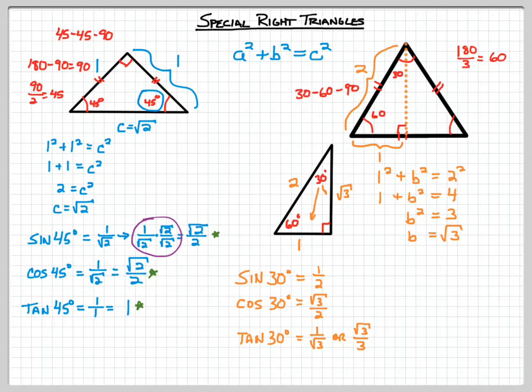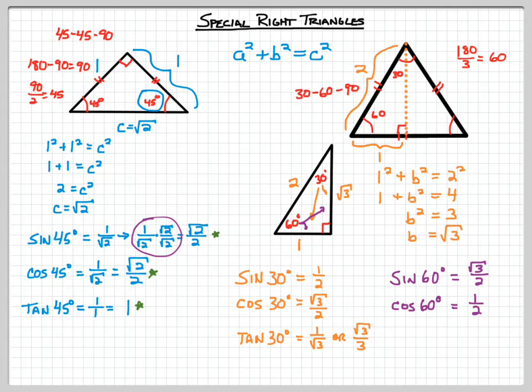But we also have the 60-degree angle. So sine of 60 degrees. Take a second if you haven't already figured it out. Maybe pause it, look at the relationship, see if you can come up with it. So sine of 60 degrees, we're going to take opposite over hypotenuse. So that's going to be the square root of 3 over 2. Cosine of 60 degrees, we'll take the adjacent over hypotenuse.